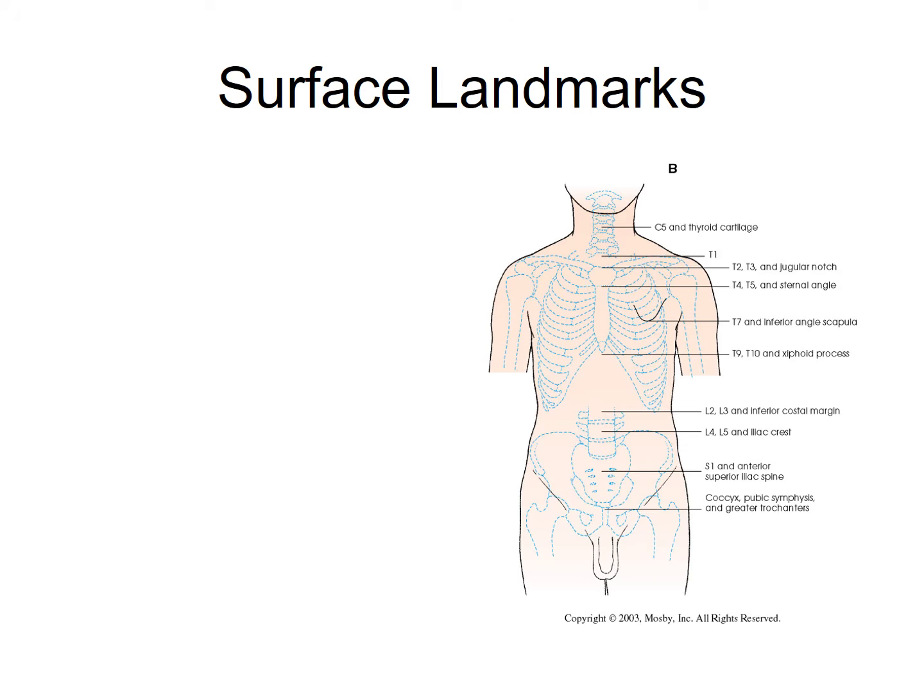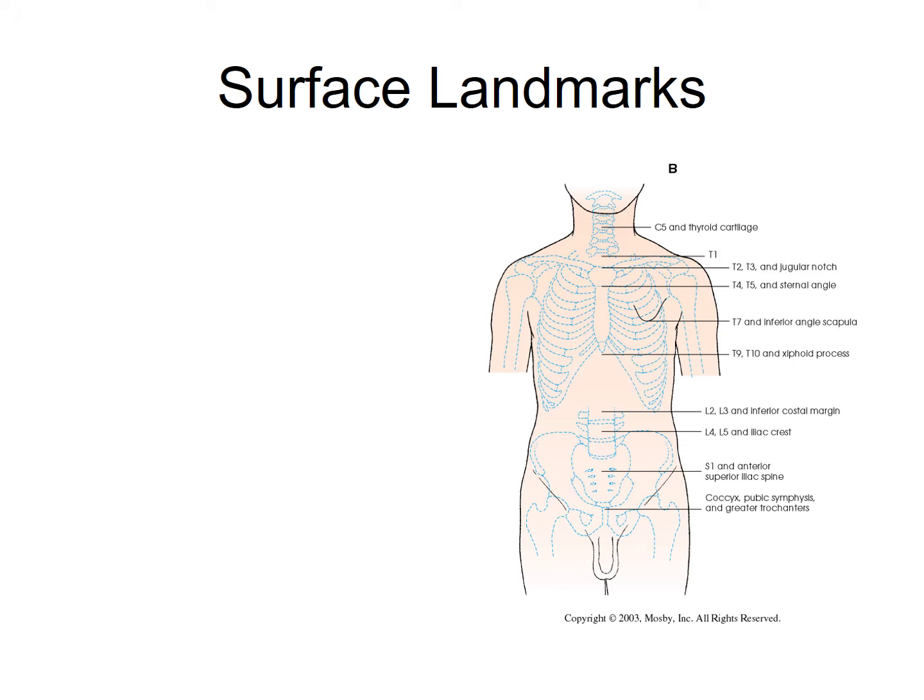In radiography, we position by palpating or feeling the patient, touching the patient, and there are different organs at different levels, different structures at different levels that correspond to the vertebral column.